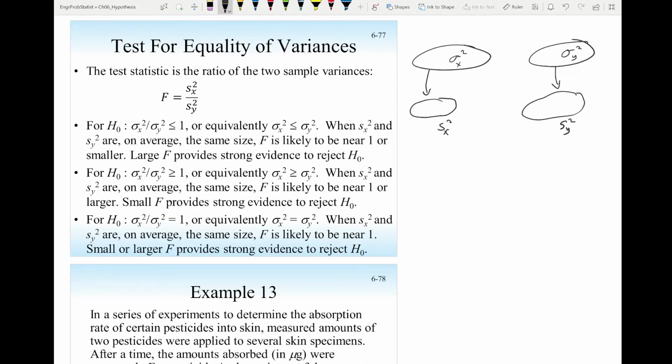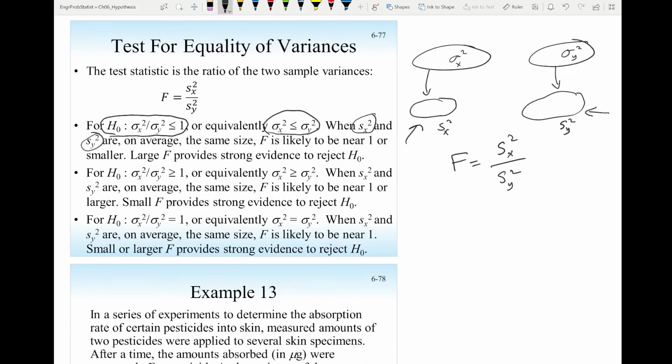Now the test statistic F will be the variance of the sample here divided by the variance of this sample. And my null hypothesis will depend on the application, either the variance of x divided by the variance of y is less than 1, which is the same as the variance of x less than the variance of y, or sx squared less than sy squared.